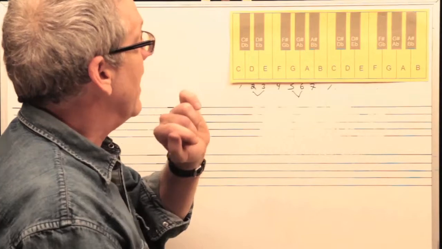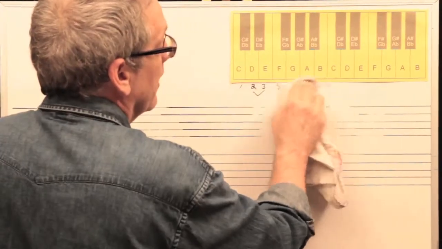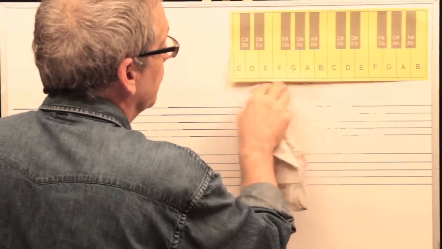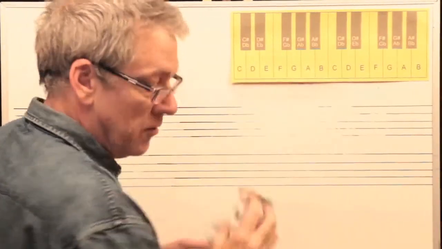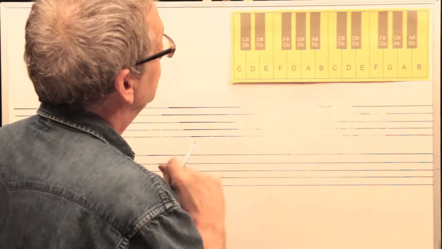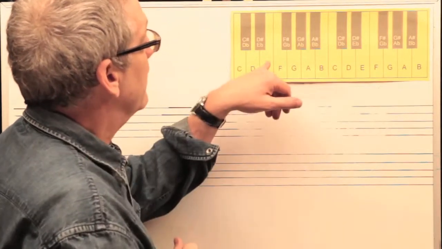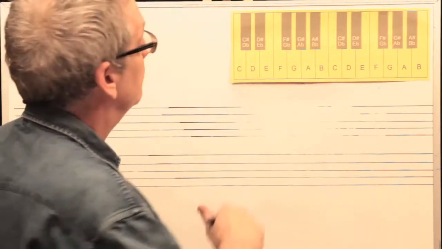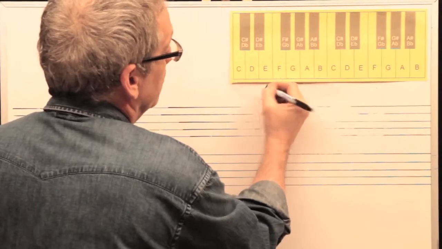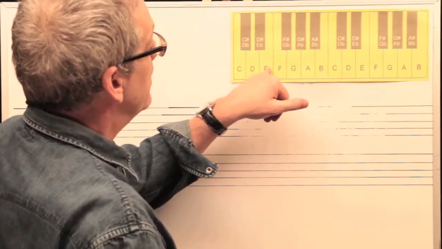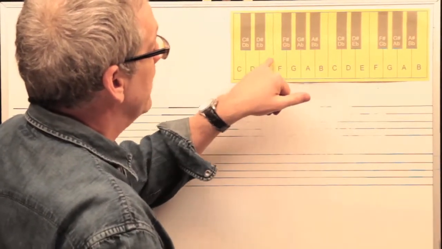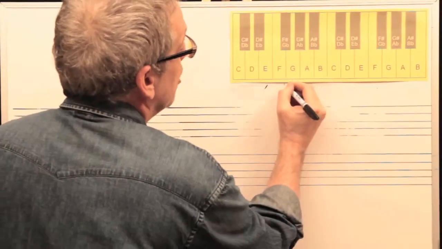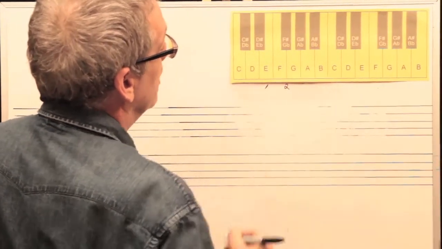Let's try another one. Let's try E minor. So E would be 1. Between 1 and the second degree is a whole step, so it would be F sharp, the second degree.